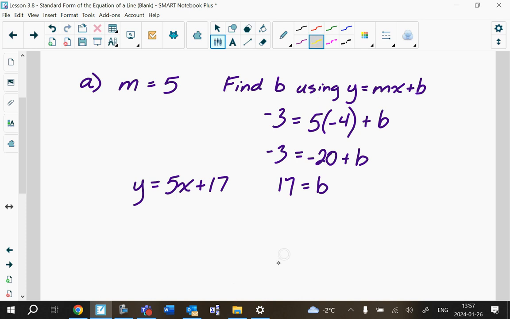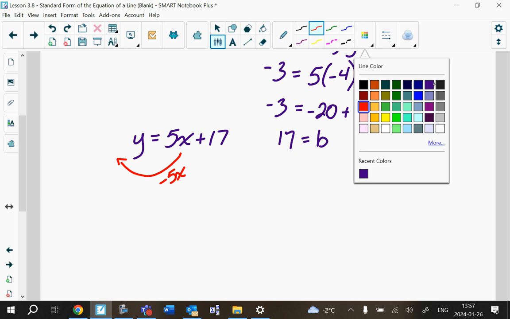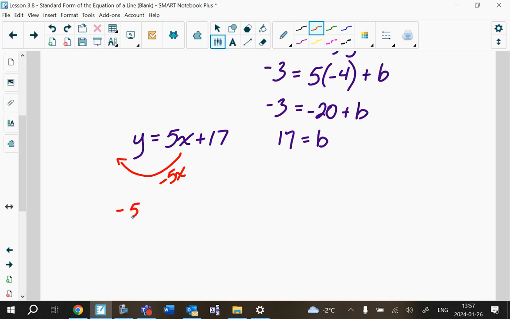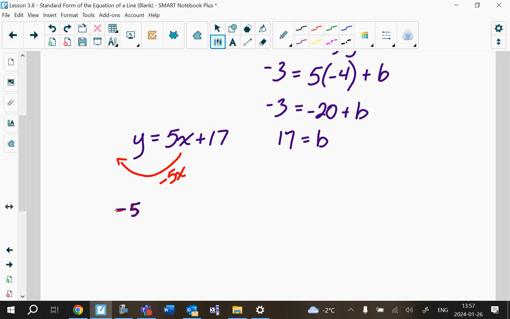I have to move this 5x over here by subtracting 5x. When I do that, I get negative 5x. Negative 5x plus y equals 17.